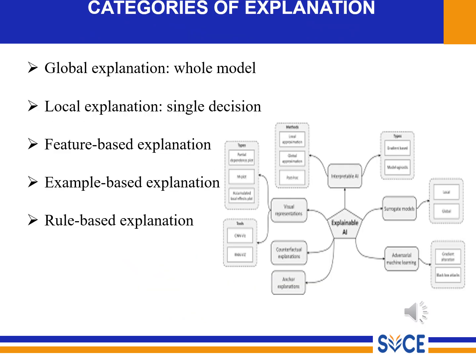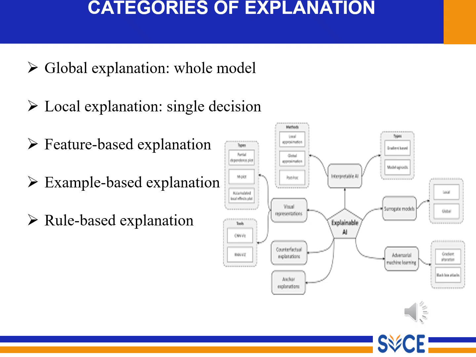Now let us discuss the different types of explanations in explainable AI, because explanations can be generated in multiple ways depending on the application and user requirements. One important type is global explanation, which explains the overall behavior of the model. It helps us understand how the model works in general.